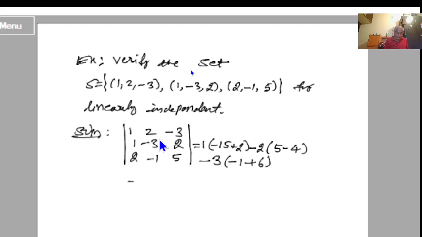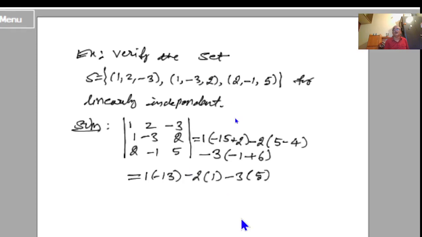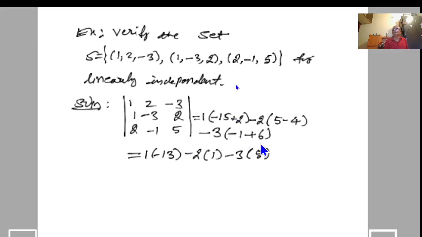Okay, this is equal to 1 into -13 minus 2 into 1, plus -3 into this is 5. Okay, -1 plus 6 is 5. So that is equal to -13 - 2 and -15, which is not equal to 0.